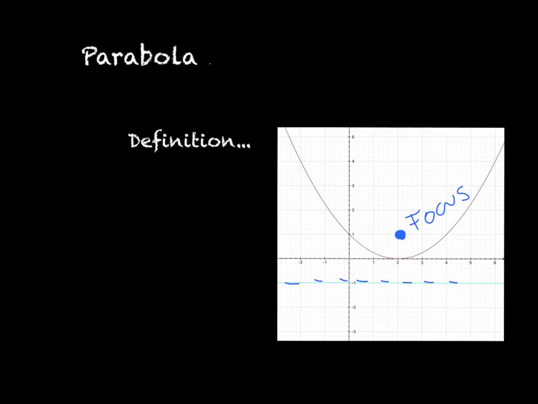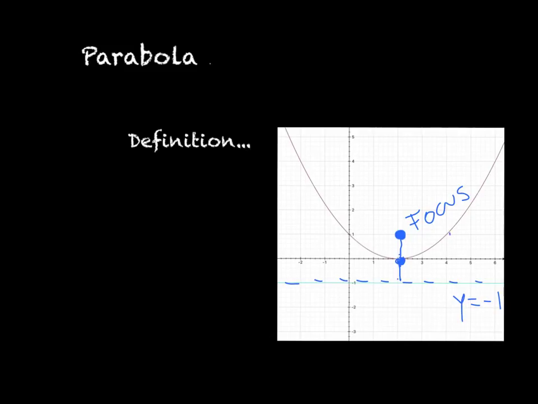In this case, it's a horizontal line, whose equation, as you can see, is y equals -1. Every point in this parabola, if you measure, is equidistant from the focus and from the directrix. The first point, the middle point between the focus and the directrix, is very easy to observe.